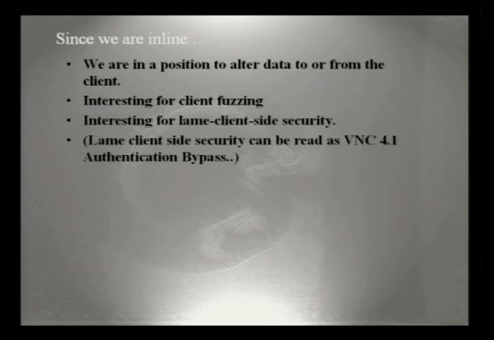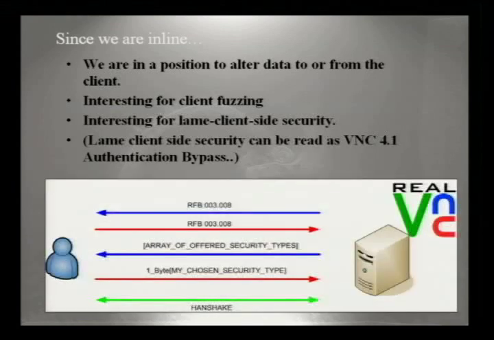And if we're going to talk about lame client-side security bugs, we probably have to say something about the VNC 4.1 authentication bypass. Sometime earlier this year, someone writing his own VNC client figured out that the VNC protocol actually had this bug in it.